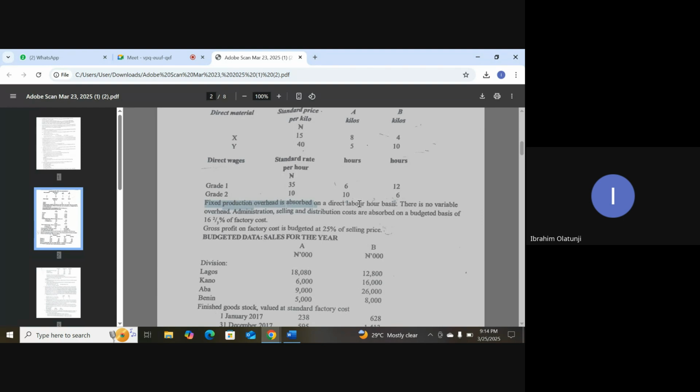Administration and selling and distribution costs are absorbed on a budgeted basis of 16 2/3% of the factory cost.